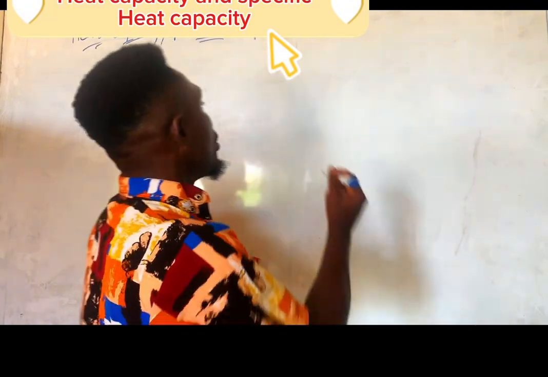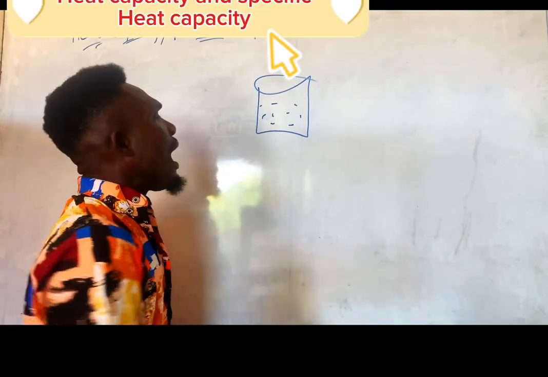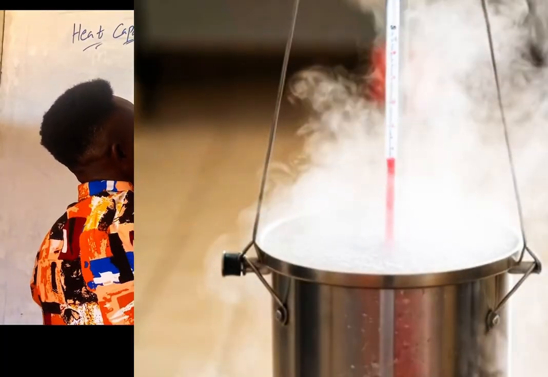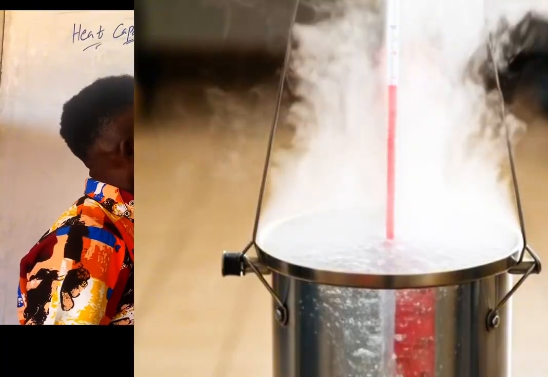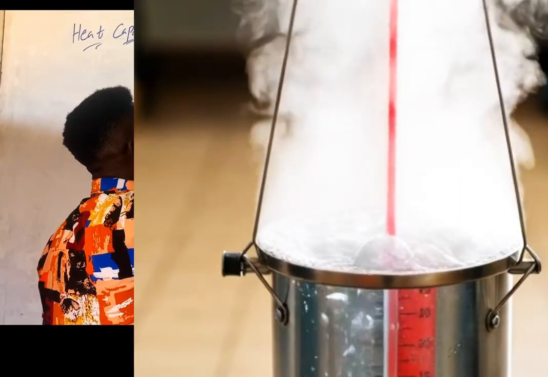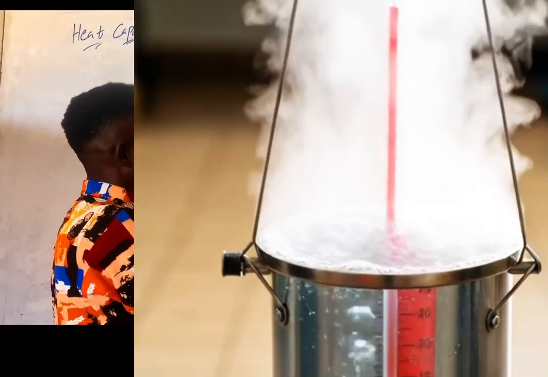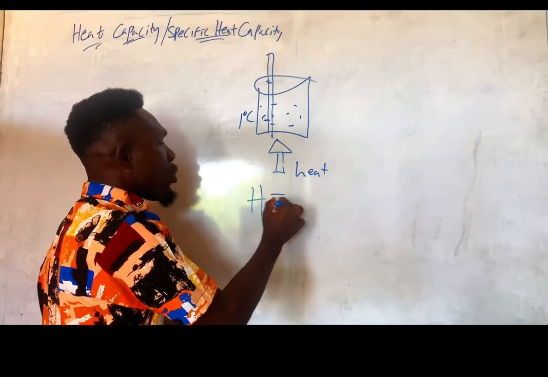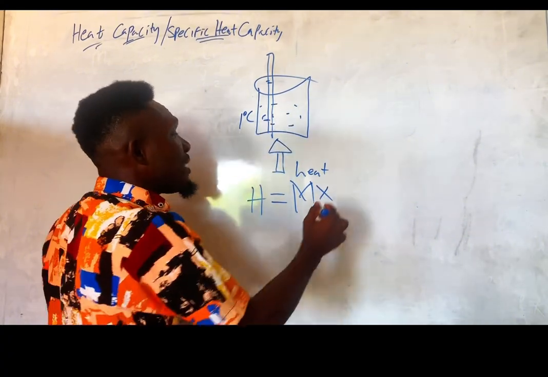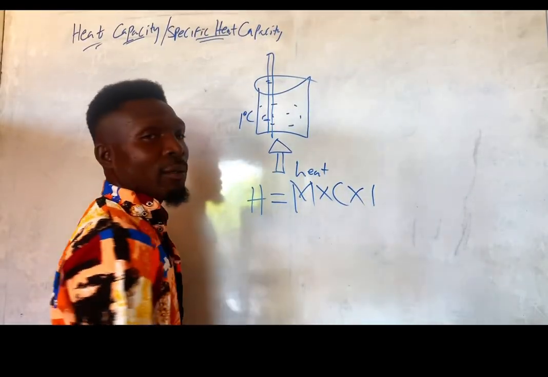Let's take, for instance, you have a body, or let's say a liquid, and then you heat it. When you heat this liquid and you place a thermometer inside of it, the moment you observe the temperature has increased by 1 degree Celsius, that heat that you supply is referred to as the heat, which equals the mass of the substance, which is the liquid, times the specific heat capacity of the liquid, which is represented as C, times the change in temperature, which is what? 1.